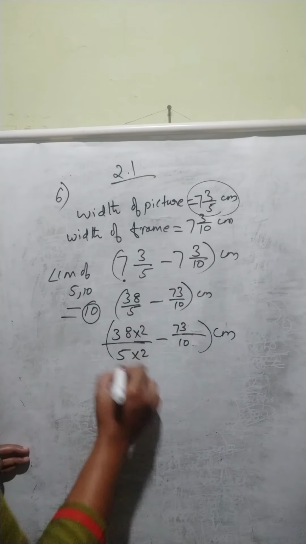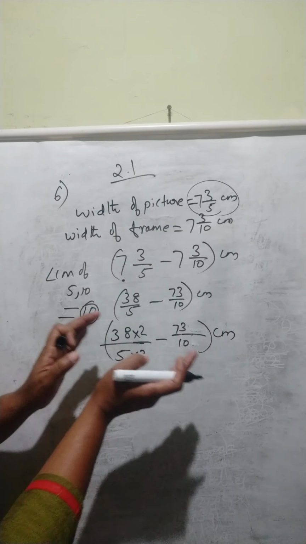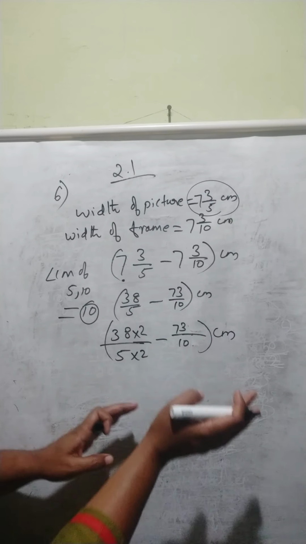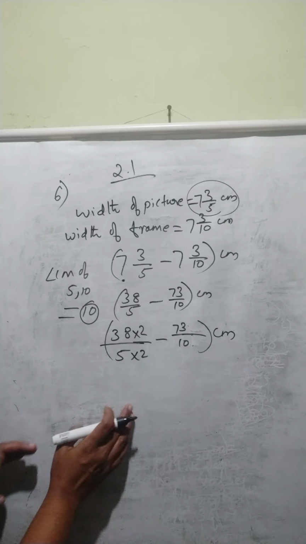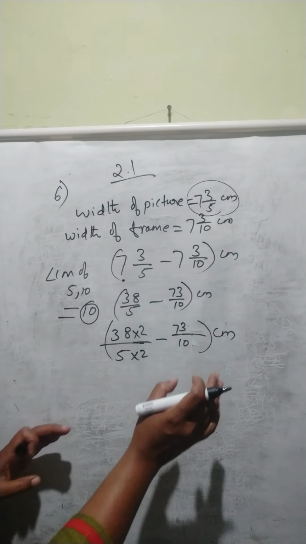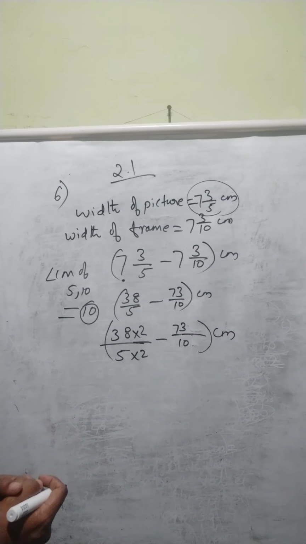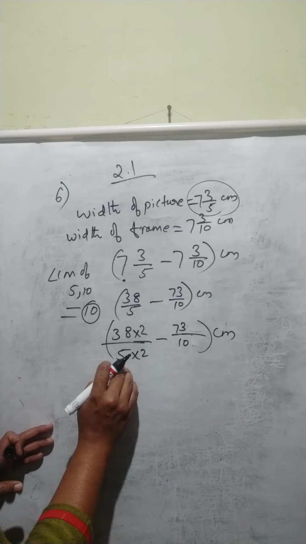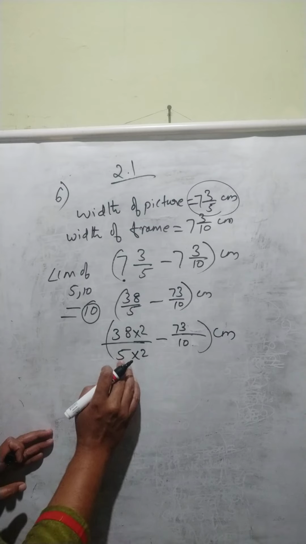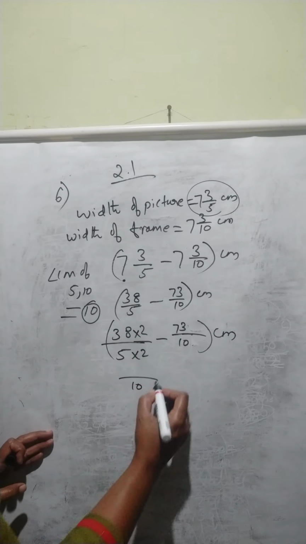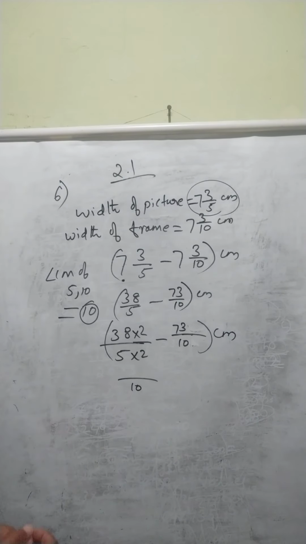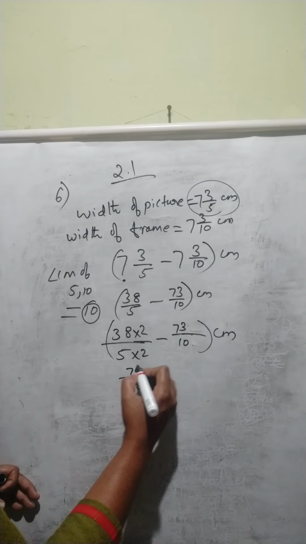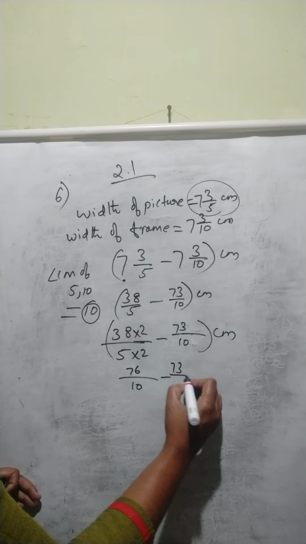We don't need to multiply because 10 times 1 is 10 itself. Since 10 is the LCM, we only think about the 5. 5 times 2 is 10 and 38 times 2 is 76. So 76/10 minus 73/10.